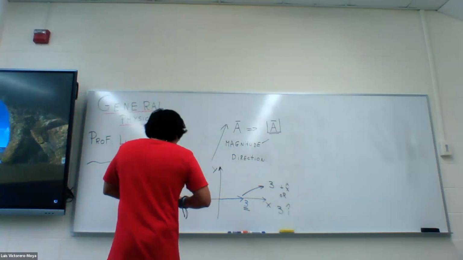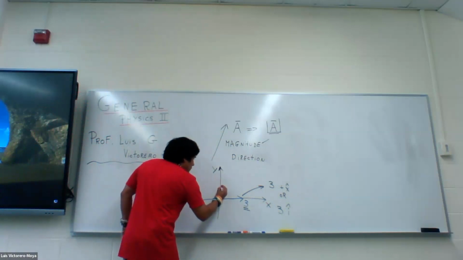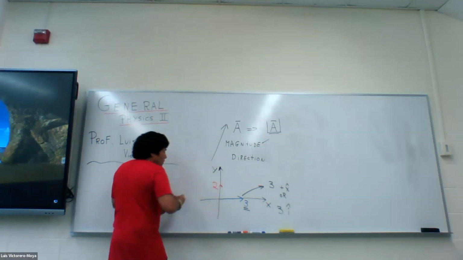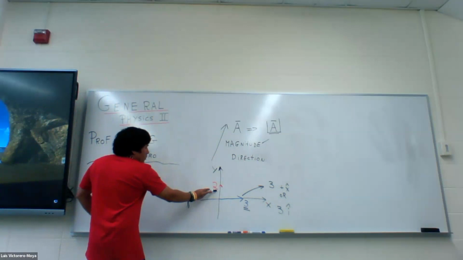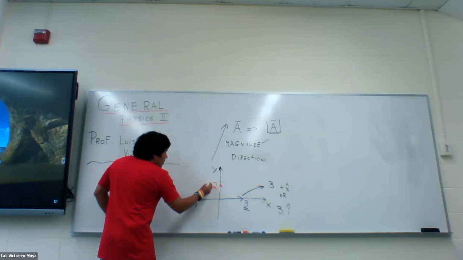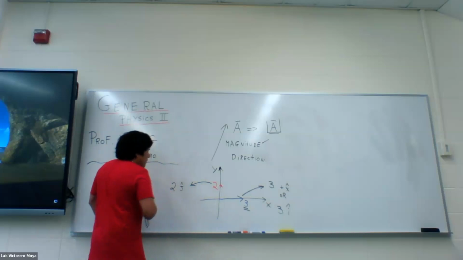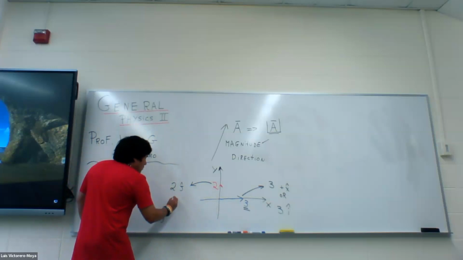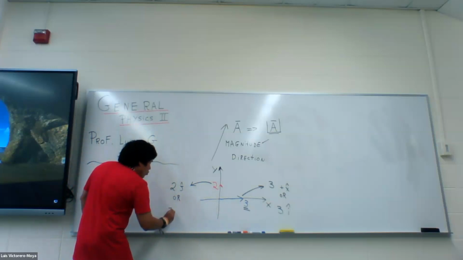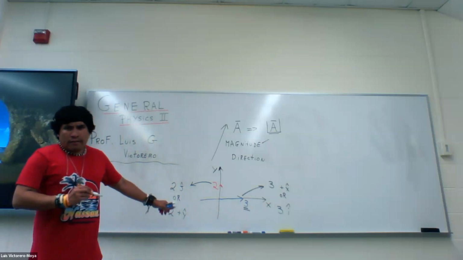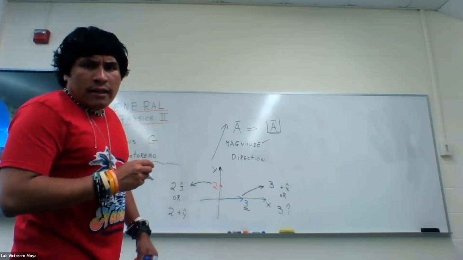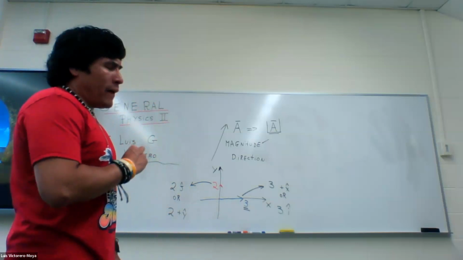If I were to draw a vector on the y-axis, here, and I say it's a value of 2, this vector here is 2j, or 2 on the positive y direction. You see the hat in there? That indicates that it's a unit vector.